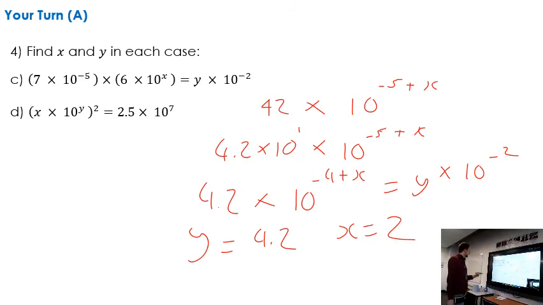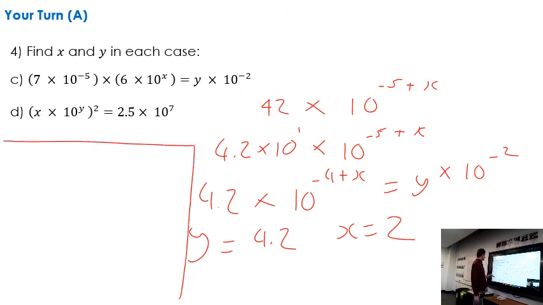Okay, D, we've got a space. So I'm just going to expand this. This is going to be x squared times 10 raised to y plus 10 raised to y, so this is actually 10 raised to 2y, is equal to 2.5 times 10 raised to 7. Okay, so here I'm going to put x squared is equal to 2.5.